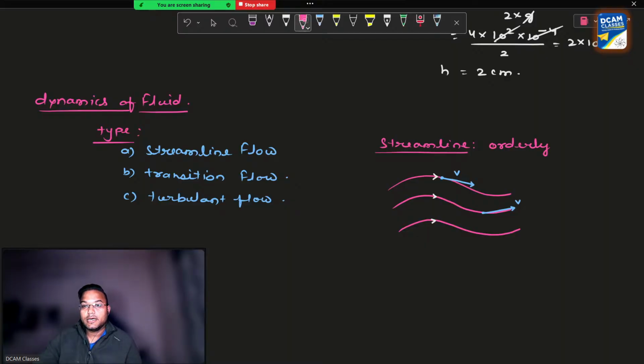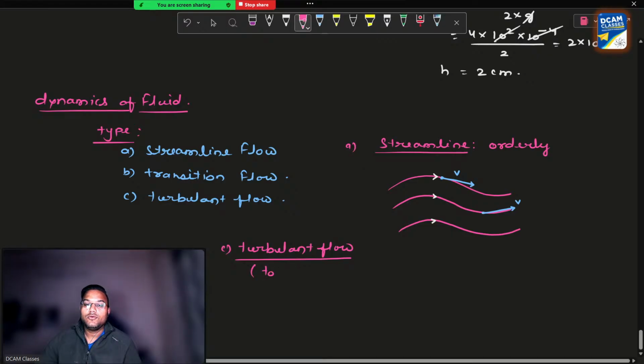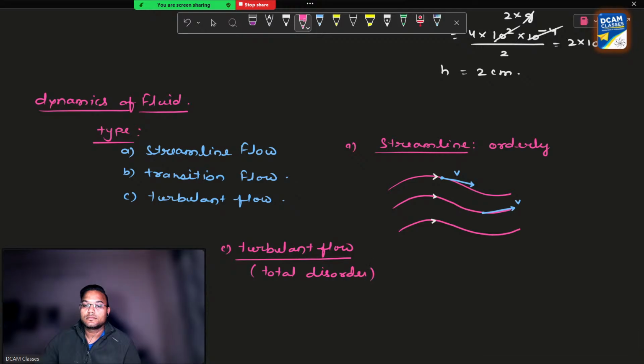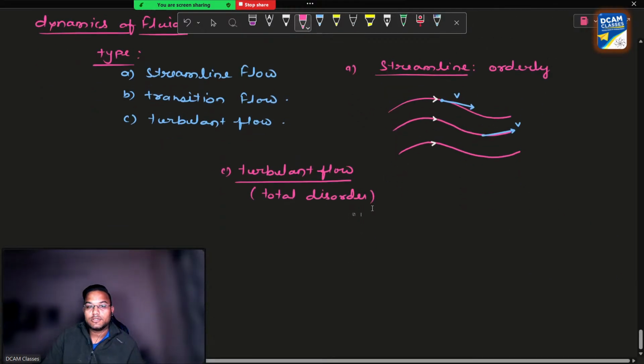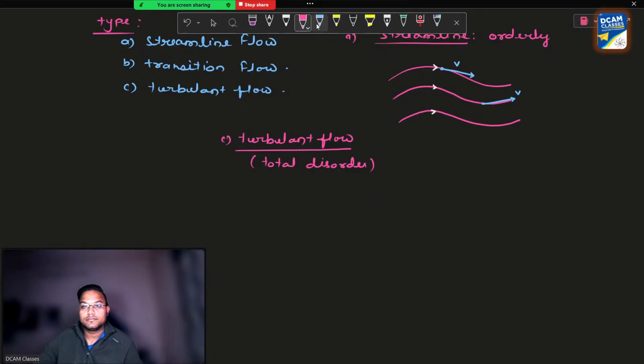Then the third type is turbulent flow. Turbulent flow is total disorder, and it will be like, the particles will be moving randomly.